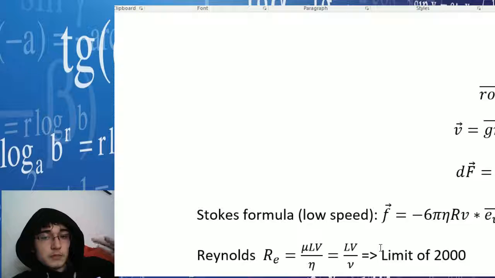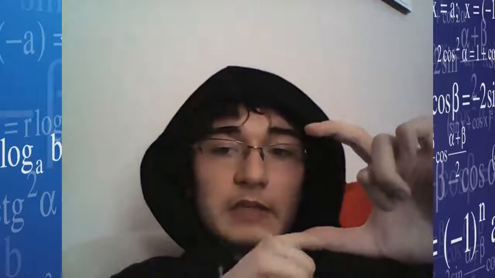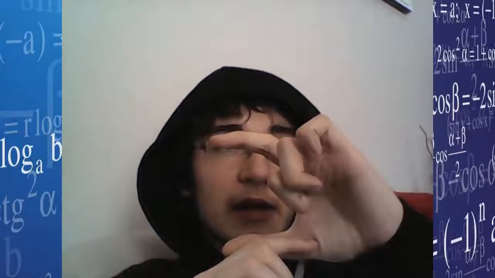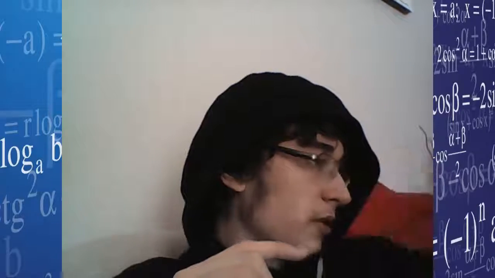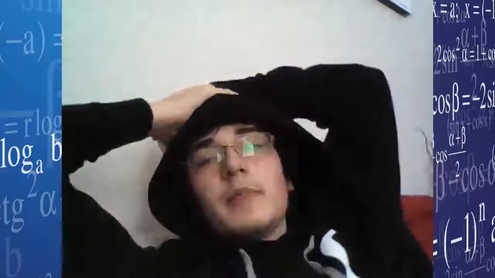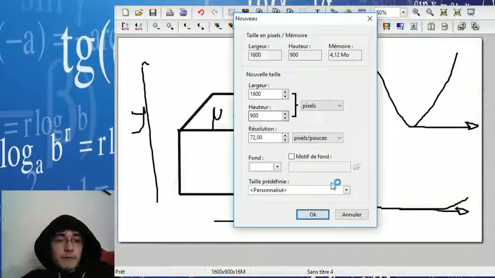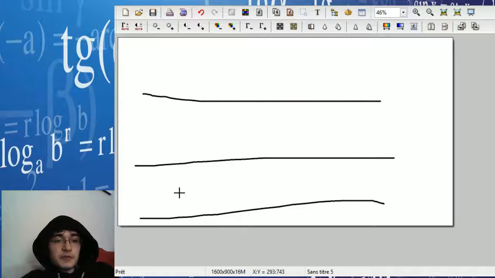At circa 2000, what happens is that below it you have a fluid that is laminary, meaning that you can consider the fluid as being lines on a certain dimension of space, and that you can study each of the lines separately.